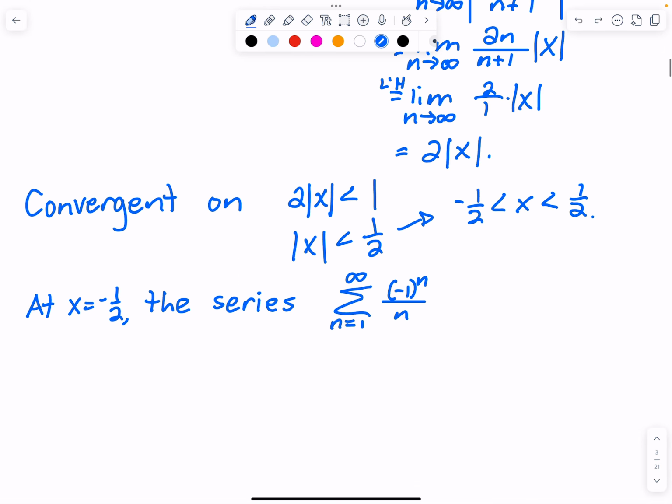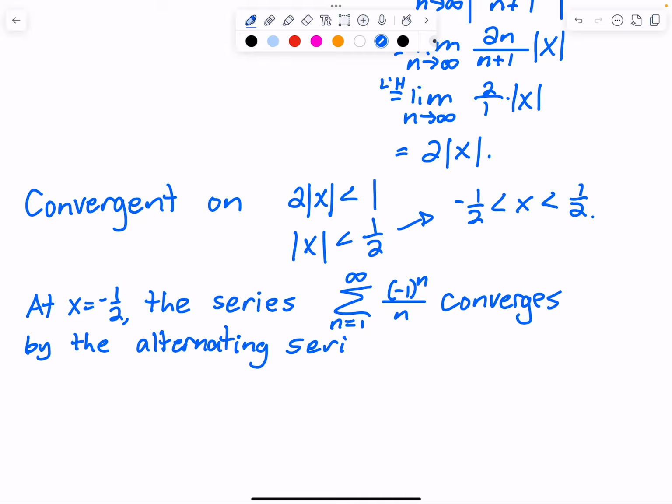Well, that converges by the alternating series test, which we talked about earlier. Notice that b sub n is 1 over n, the limit of that goes to 0, and it's a decreasing sequence. So we have that one.